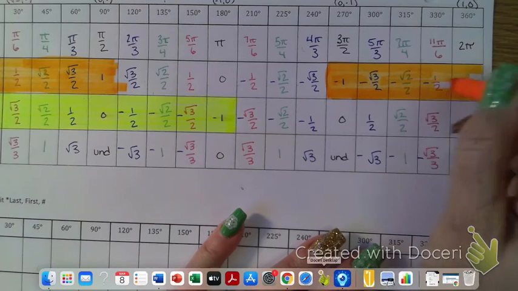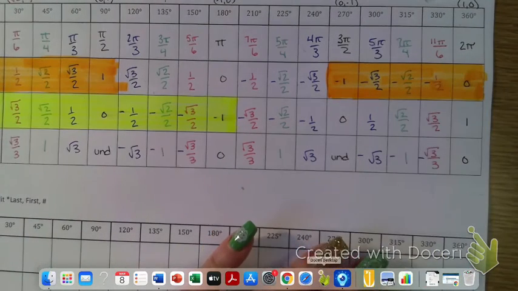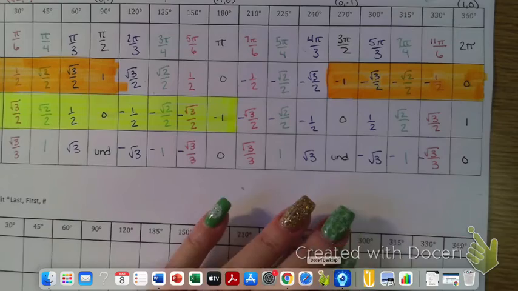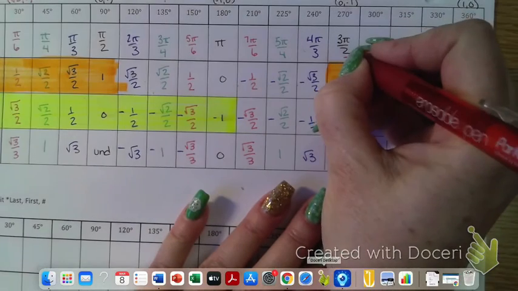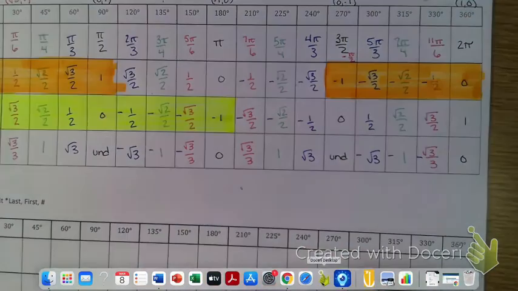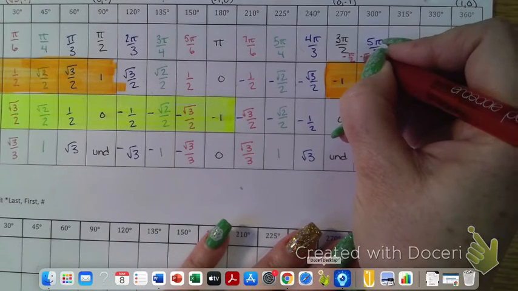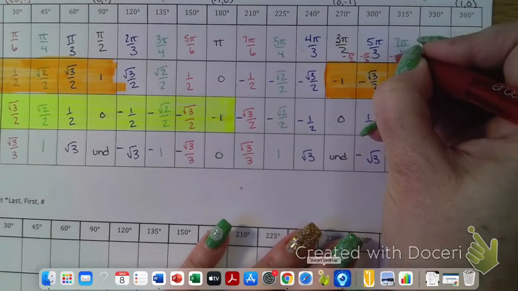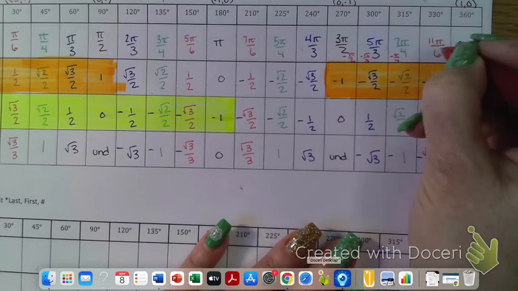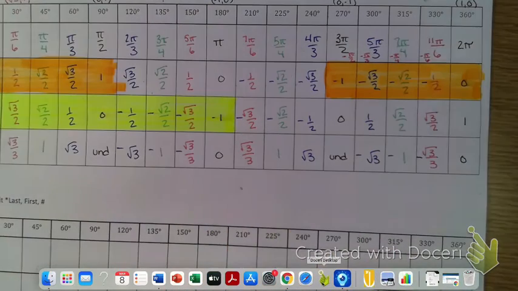And when we're thinking about this, this is no longer 3 pi over 2. It is what for us now? Negative pi over 2. So this is negative pi over 3, negative pi over 4, negative pi over 6, because we're rising and falling.